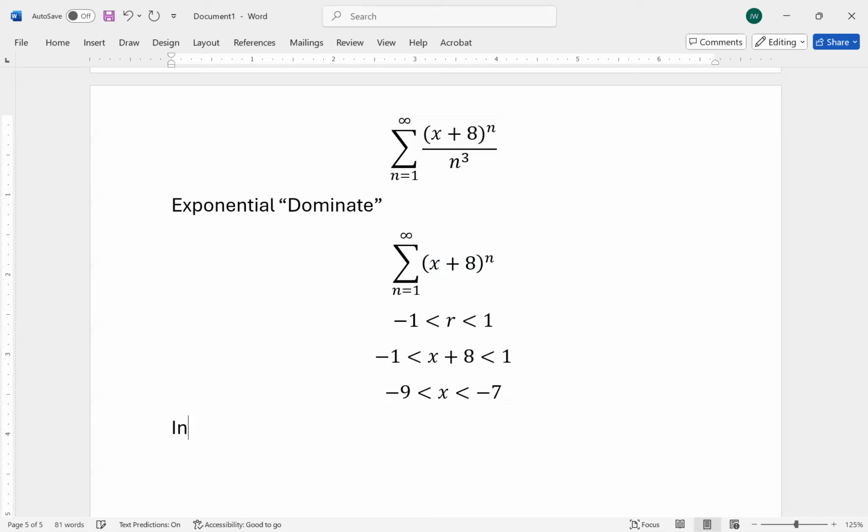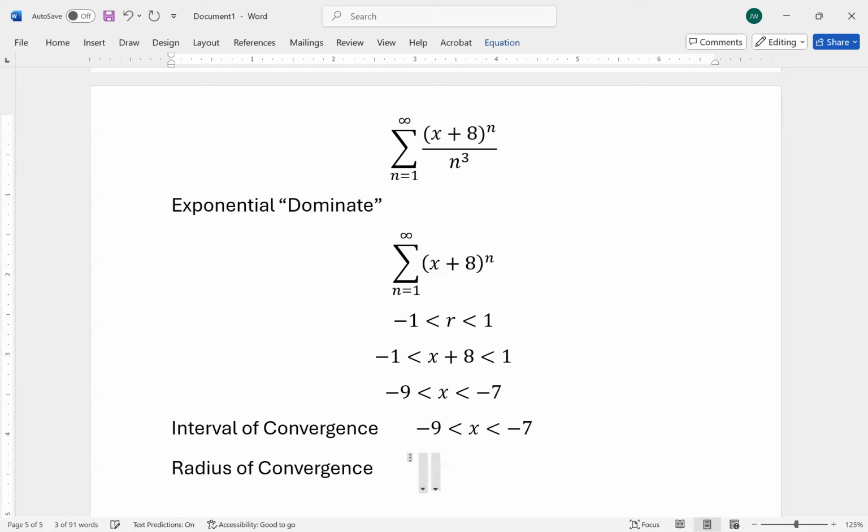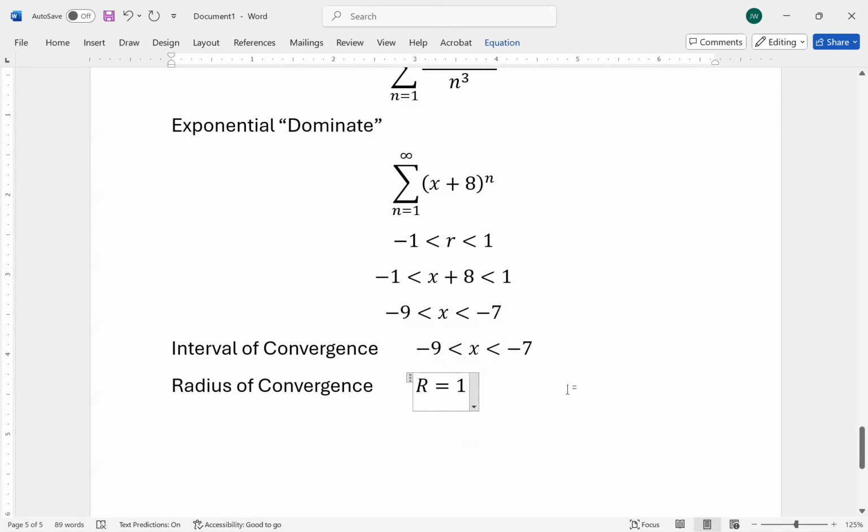So my interval of convergence is x between -9 and -7. My radius of convergence is 1. You go 1 unit both ways from the center.